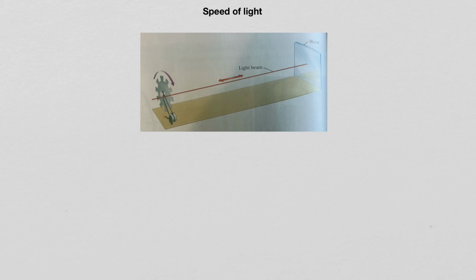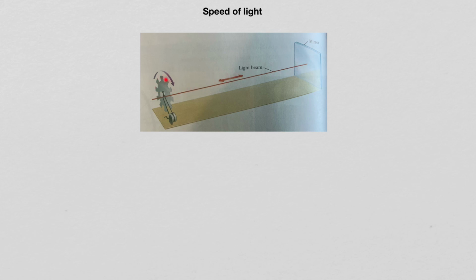And so the speed of light was first measured by the French physicist Hippolyte Fizeau in his famous experiment. The experiment was simply sending light through the teeth of a rotating gear, and then this light would get reflected from a mirror that's placed a good distance away from the gear, and it would return.